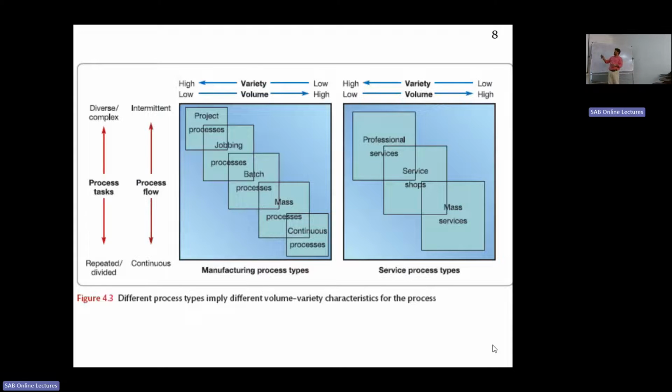Such processes produce low volume, most probably one or a few outputs. How about the variety? Variety is high, which means each output they create is customized.